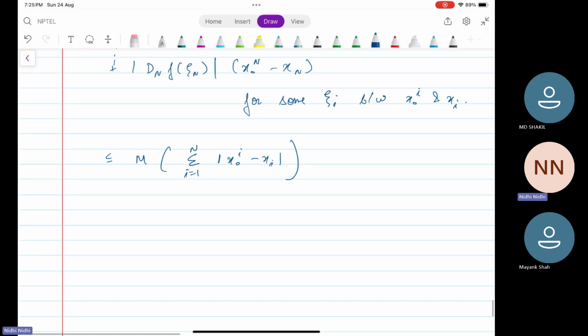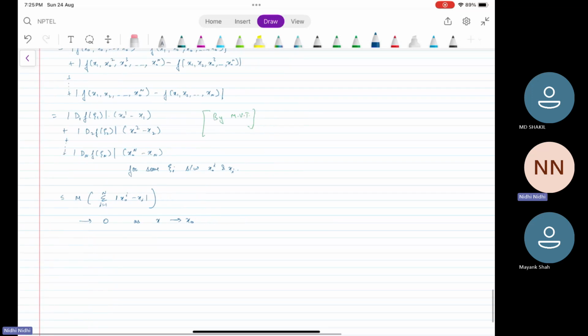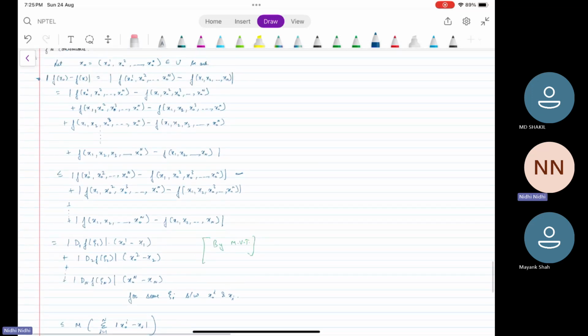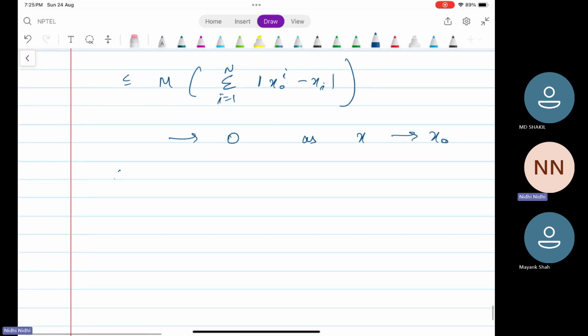So this can be made less than epsilon, or I can write that this goes to 0 as x goes to x naught. So therefore, f(x) goes to f(x naught) as x goes to x naught, and hence f is continuous at x naught.